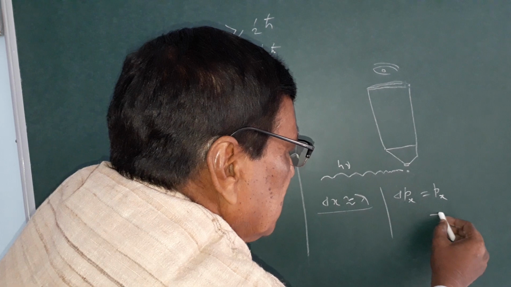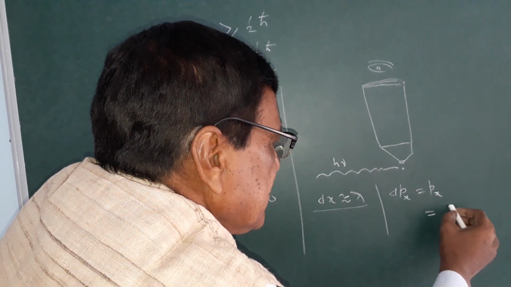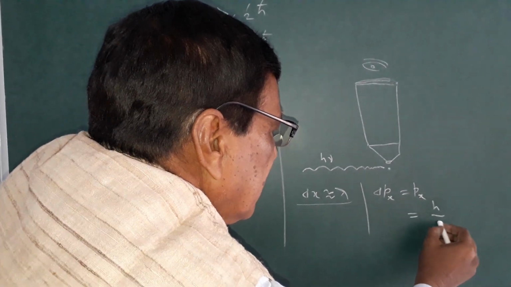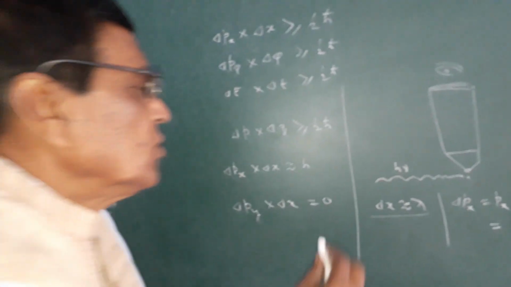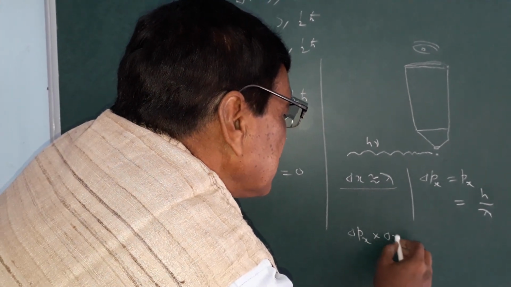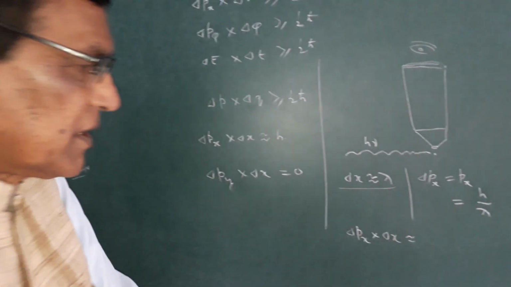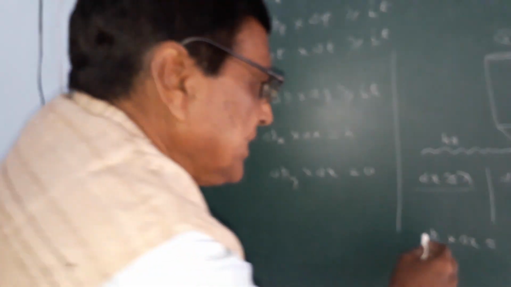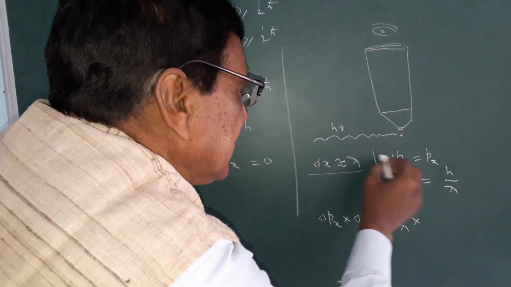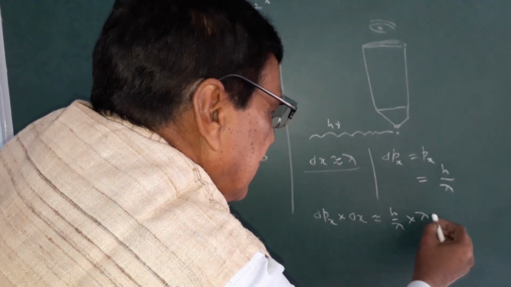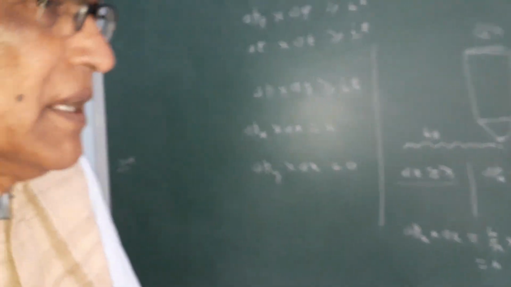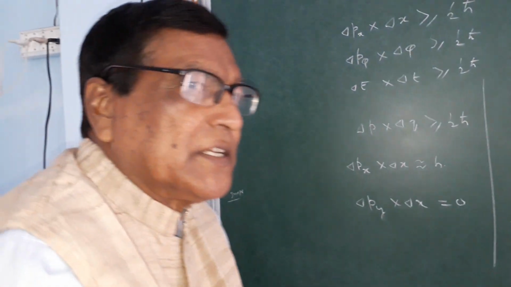According to the de Broglie relation, it is h by lambda. So if we find the product of these two uncertainties, delta p x equals h by lambda, and delta x equals lambda, and the product is almost equal to h. This is a very approximate formulation of the Heisenberg uncertainty principle.